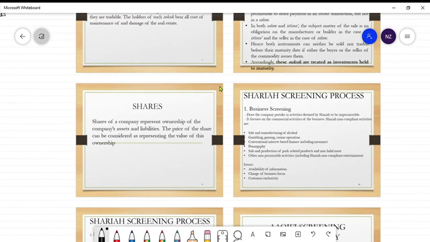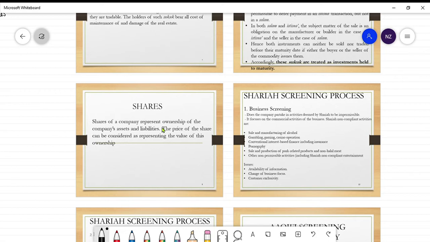The definition of shares itself, dia cakap, shares of a company represent ownership of the company's asset and liability, and the price of the shares can be considered as representing the value of this ownership. Macam saya cakap, setiap company ada shares dia tersendiri.